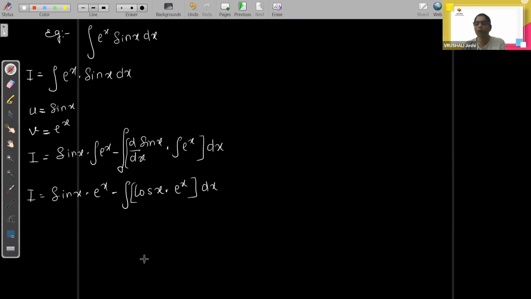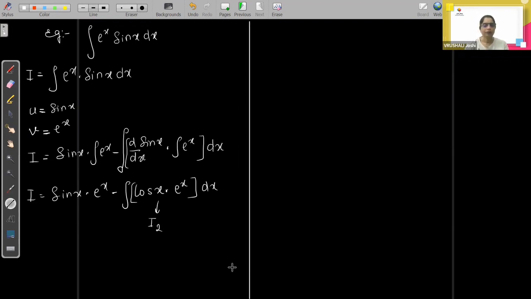Cos x into e to the power x is again a product of two functions, correct? So what we are going to do here is call this I2. This is I, correct? Let's solve I2 now.